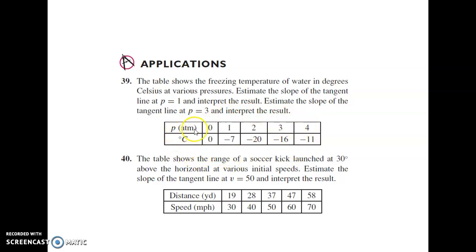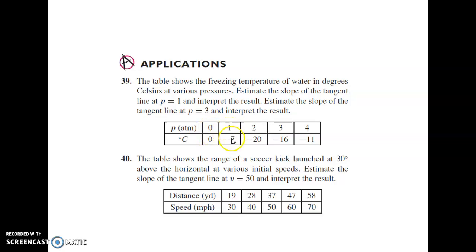So for p equal to 0, the value is 0, right? And for p equal to 1, here the temperature is F, and P is the pressure, which is equal to X here. So this is X and this is Y, or this is F. So when X is equal to 0, Y or F is 0.